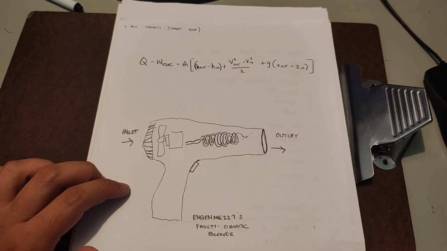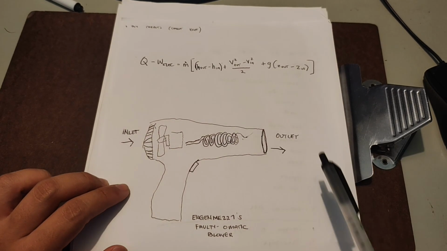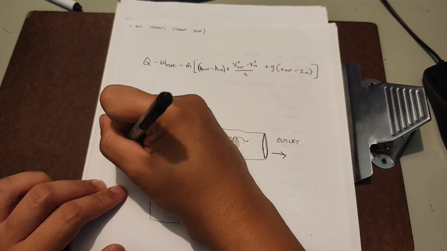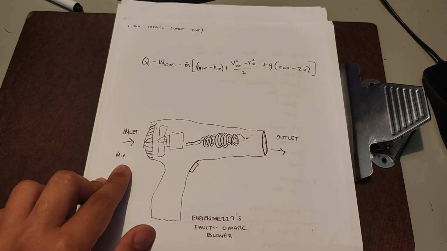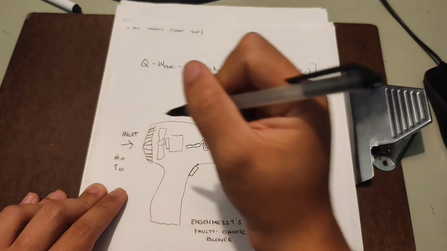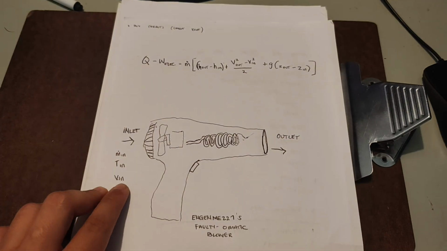So what factors should we consider with the air coming in? So first, we're considering the mass flow rate, m dot in, temperature T in, and its velocity V in.